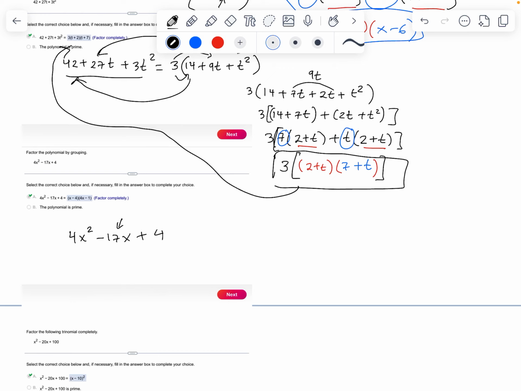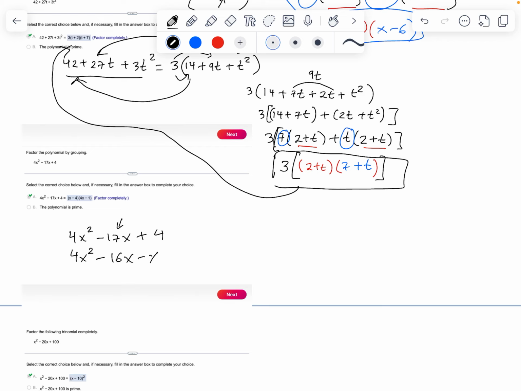So over here, if I have to factor it, what do I get? I'll do the following: 4x squared minus, and the factors of 16 and 1 work.